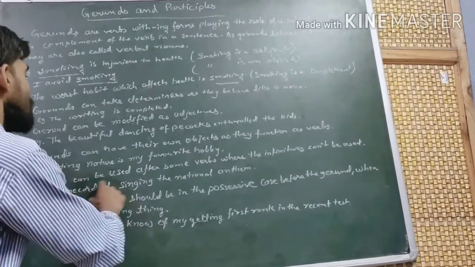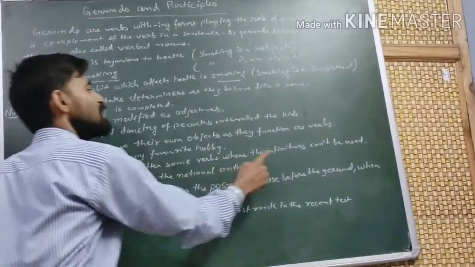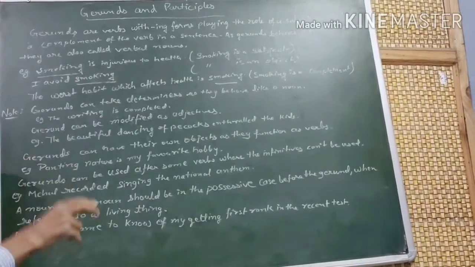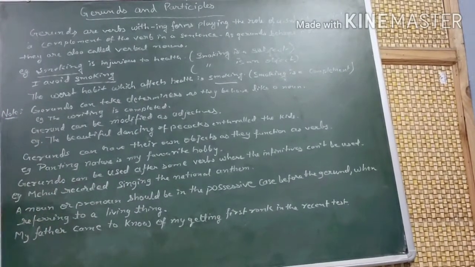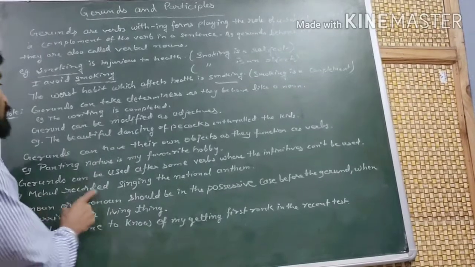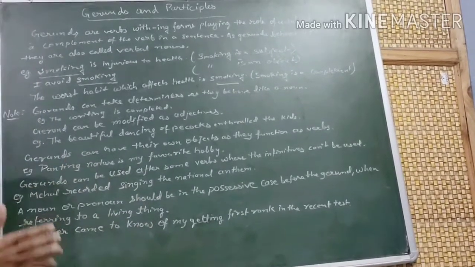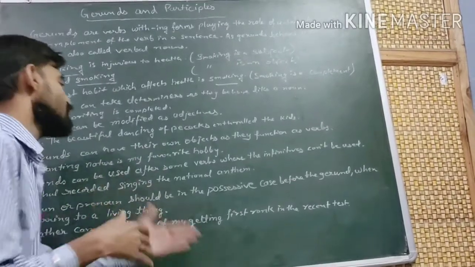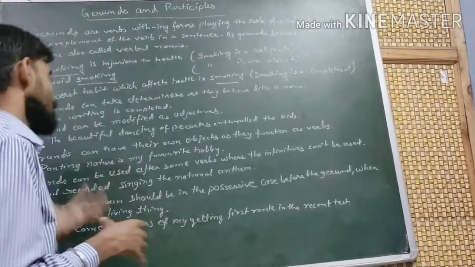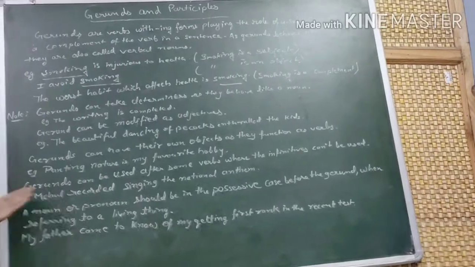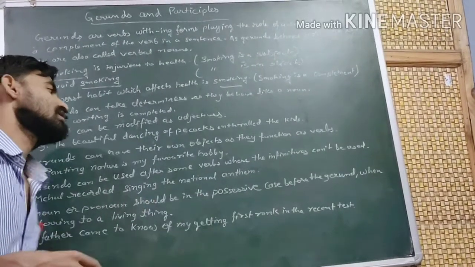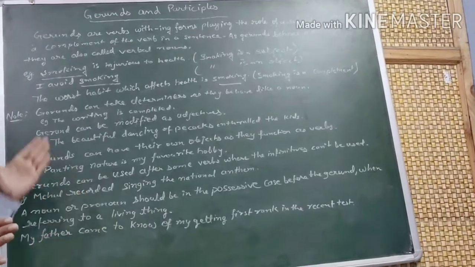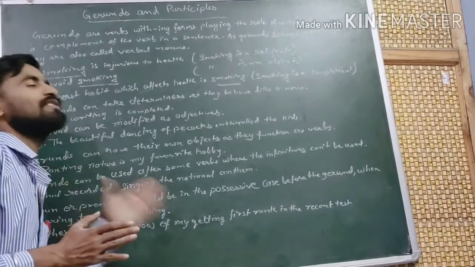We can use gerund where the infinitive can't be used. Just like, Mehul recorded singing the national anthem. Mehul recorded to sing is not suitable. Mehul recorded singing the national anthem is the correct form of using the sentence.